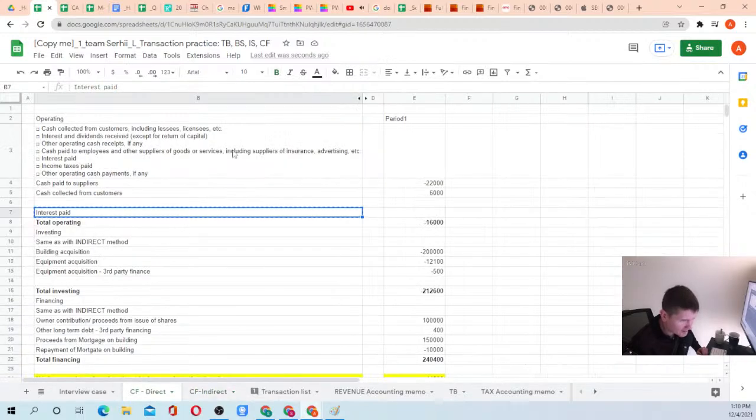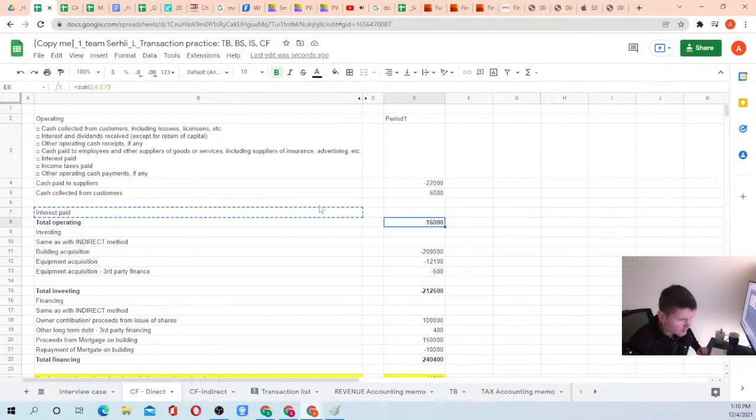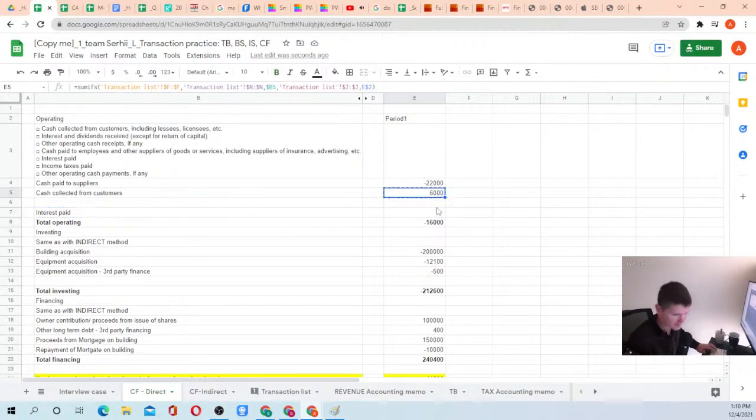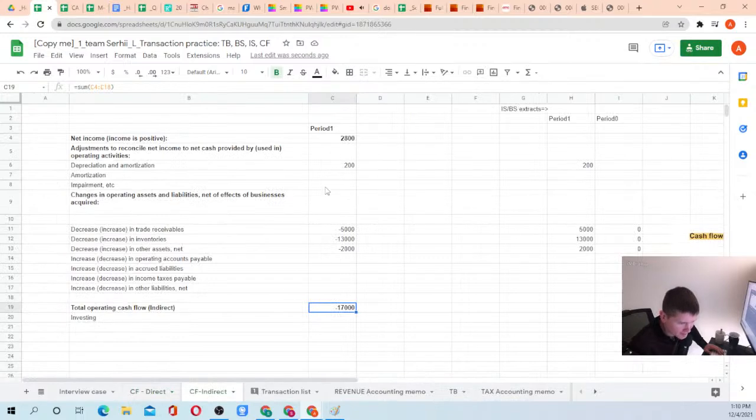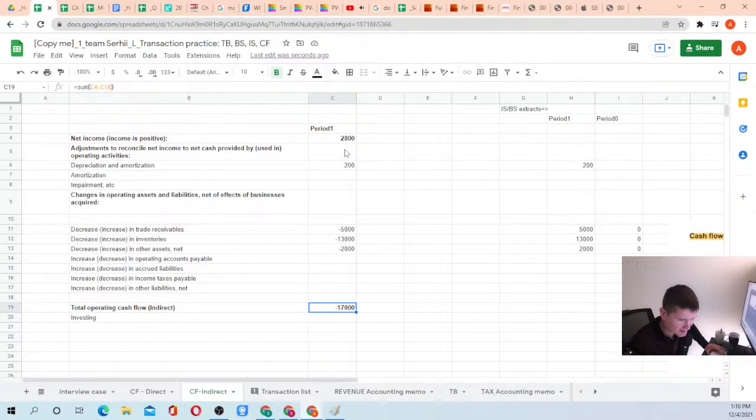our direct method operating cash flow is now different. It is now 16,200 outflow, and we need to do something with our indirect method. So indirect is now 17,100.